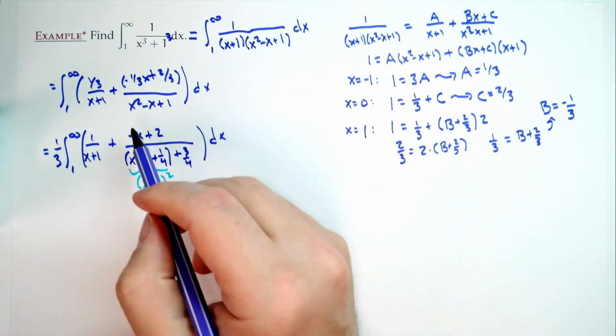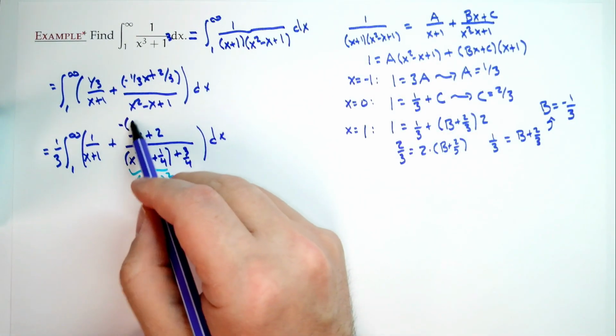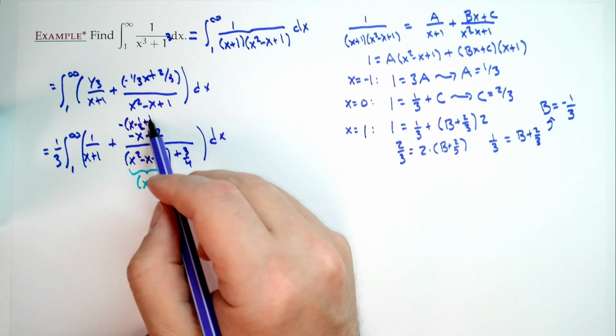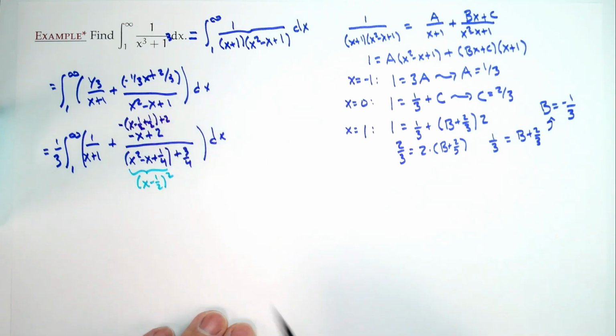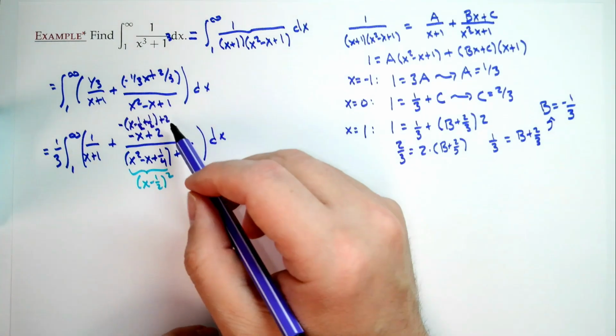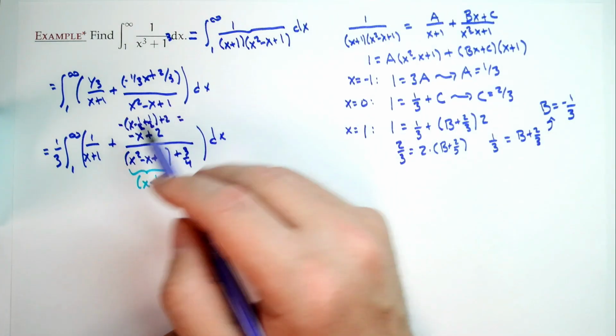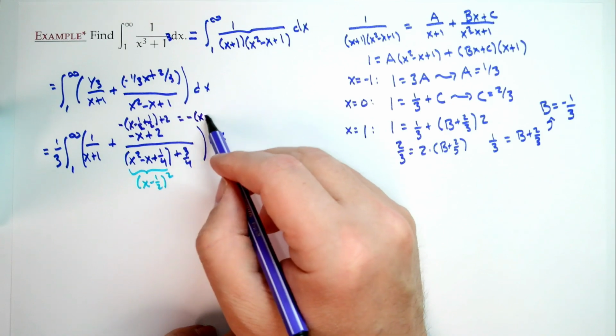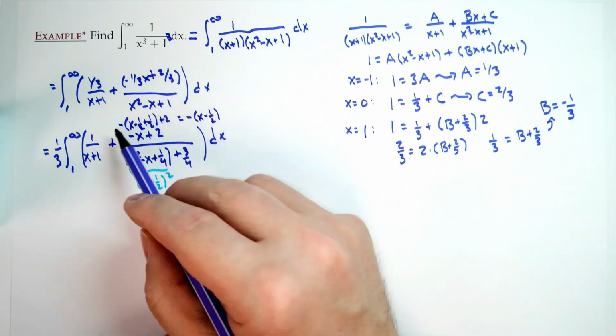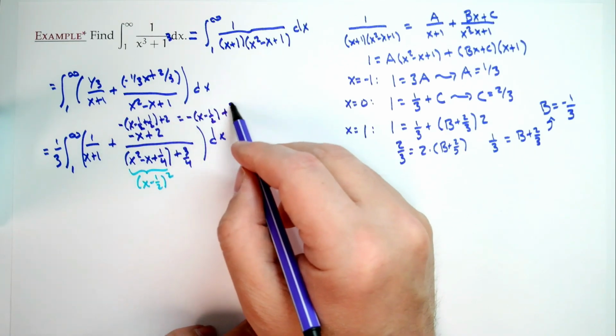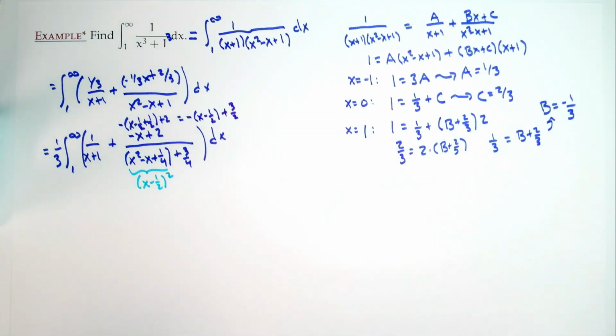So for instance, I can think of this as minus x minus a half plus a half plus 2. I mean, that's certainly true. And if you rewrite that, that's the same as minus x minus a half, and then minus a half plus 2 is plus 3/2. Okay?